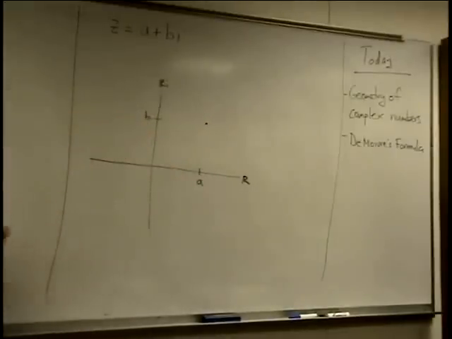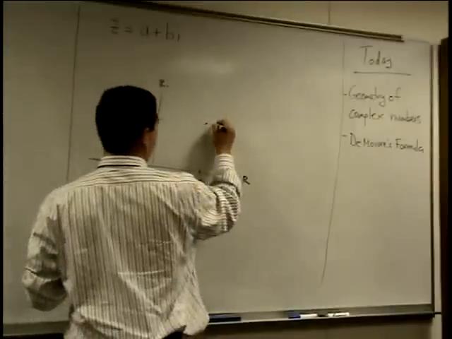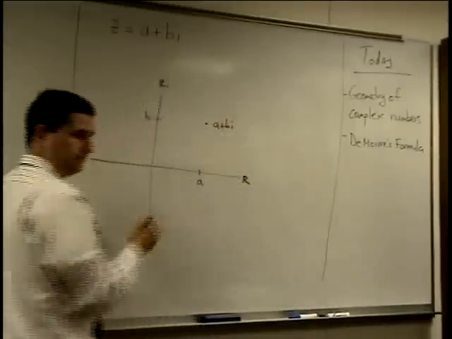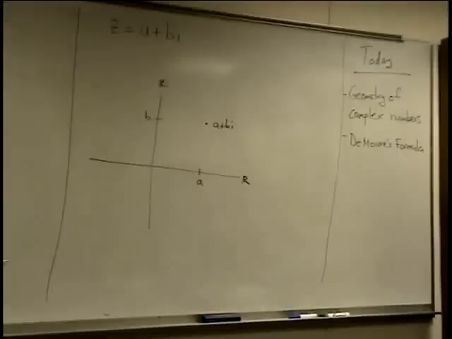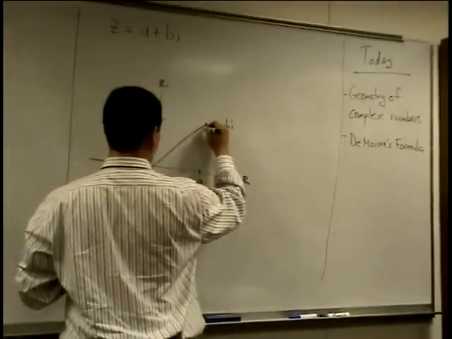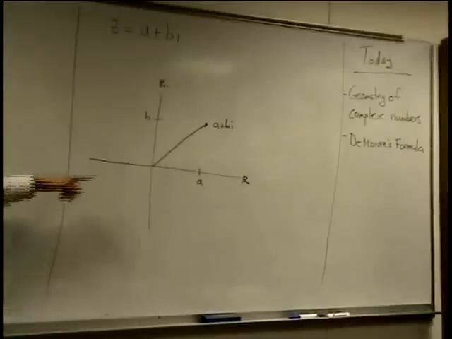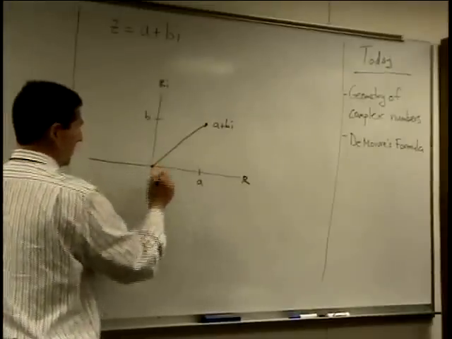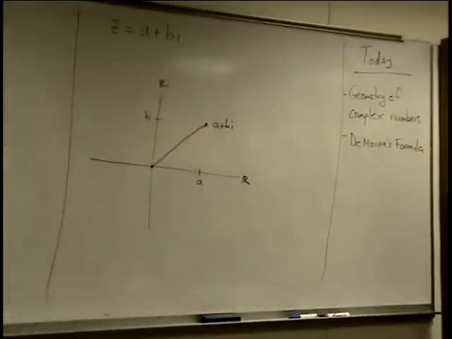If this was R2, the Euclidean plane, you would write this as (a, b). But since this is the complex plane, you denote this by a plus bi. And of course, we can draw this vector going from the origin to that point a plus bi.